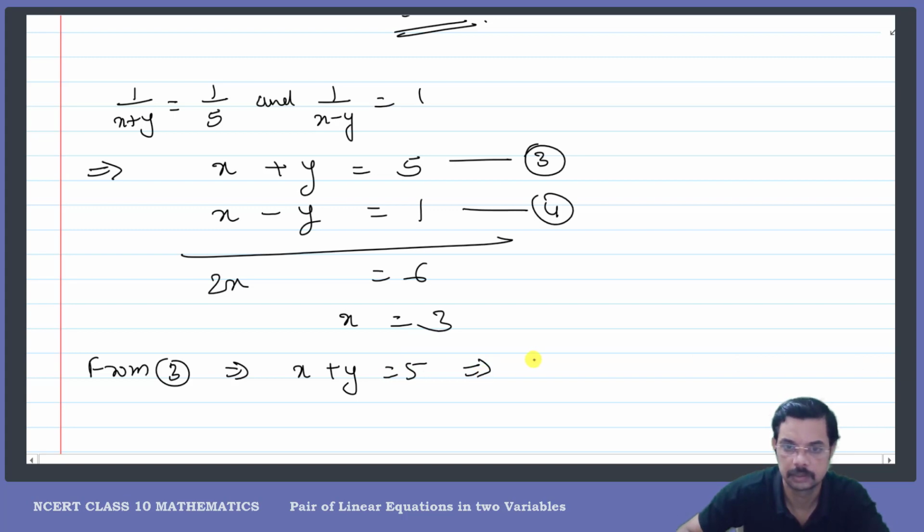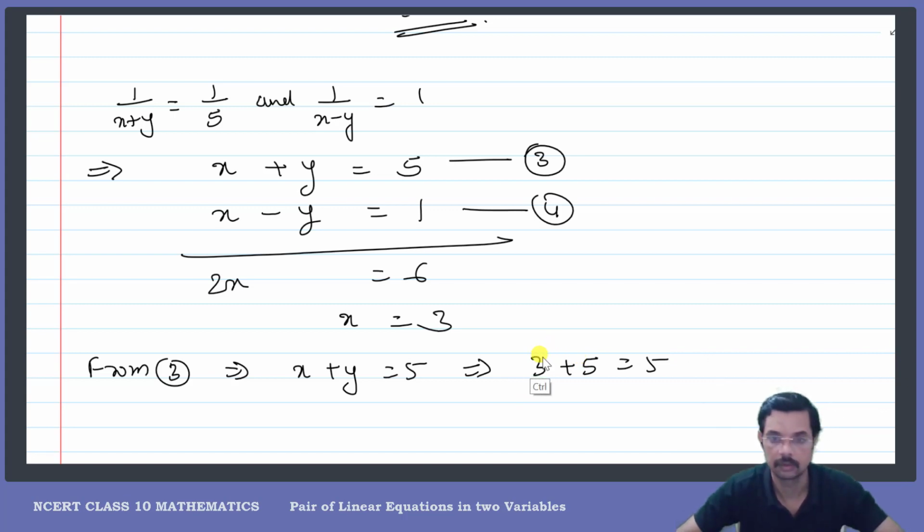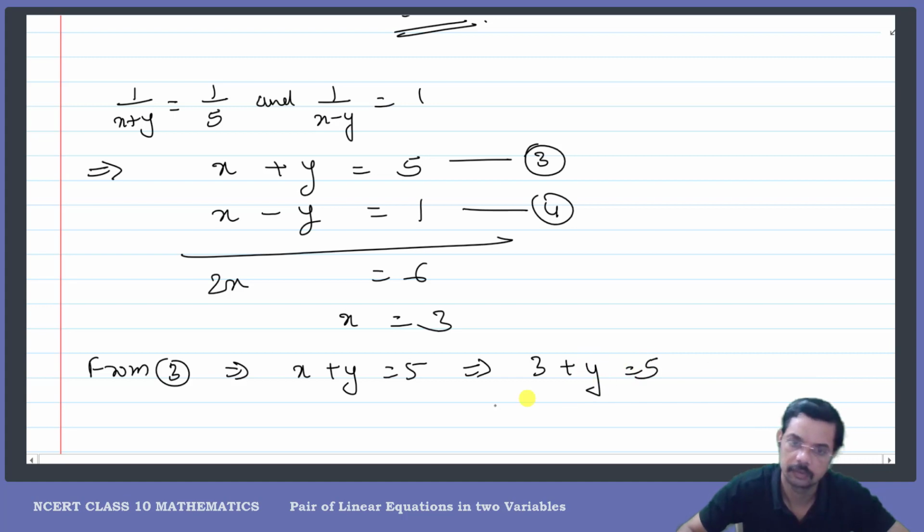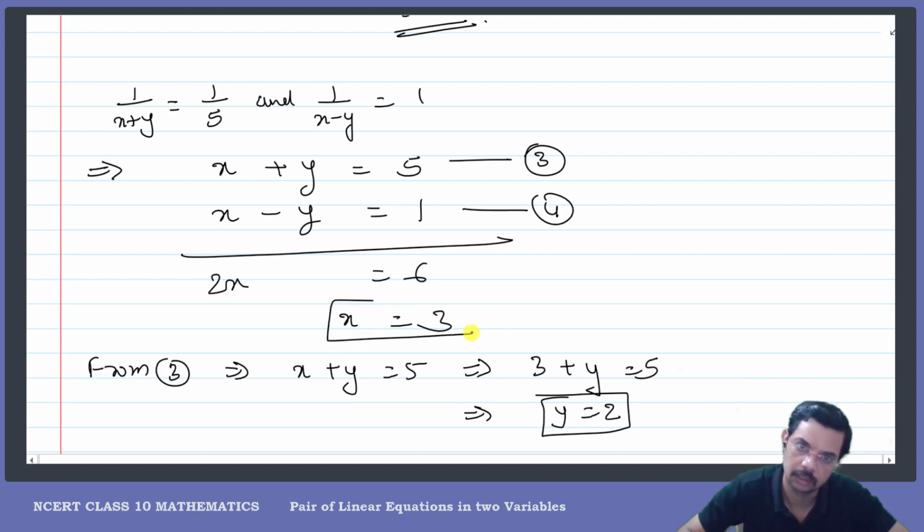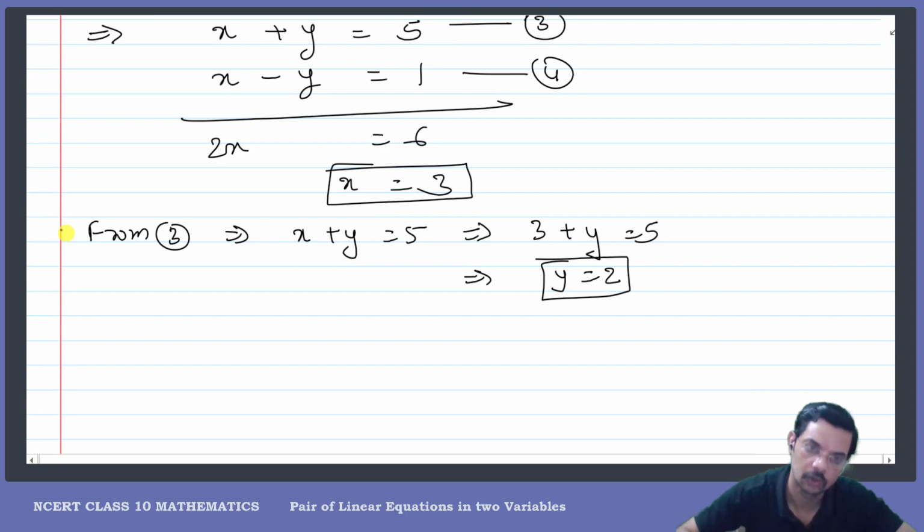So 3 plus y equal to 5. So we get y equal to 2, 5 minus 3, and x equal to 3. So what is the solution? X equal to 3 and y equal to 2 is the solution.